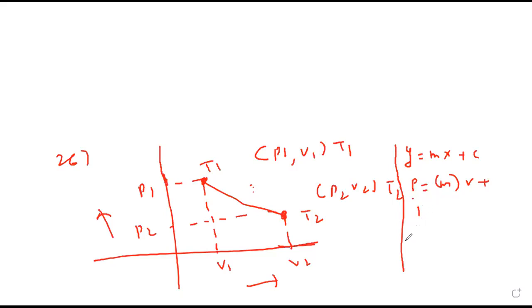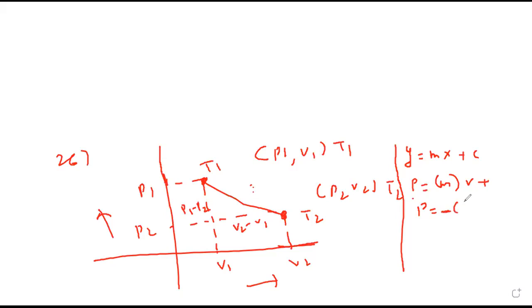What will be the slope? It is change in y coordinate upon change in x coordinate. So can I say P1 minus P2 is this distance, and this will be V2 minus V1, but with a negative sign because it is an obtuse angle.